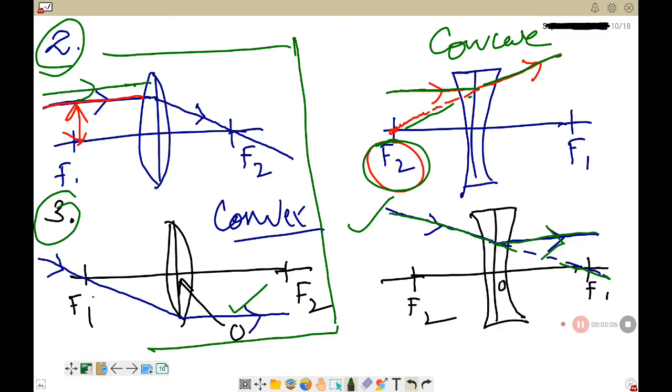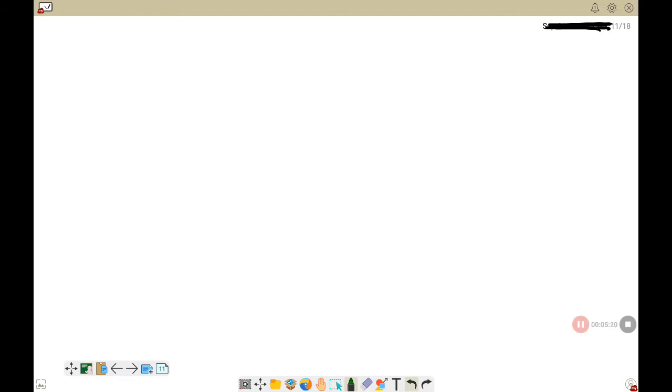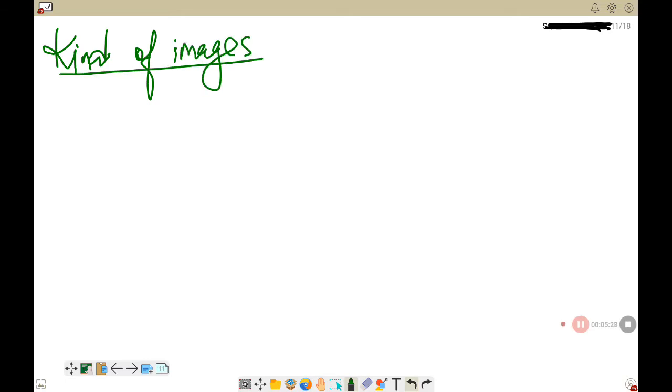So you learnt about 3 rays here. Out of these 3 rays, you can use any 2 rays to construct the image of an object which is placed in front of a lens. Before that, let's learn about the kinds of images which can be formed by the lens. So you all know there are 2 types of images.